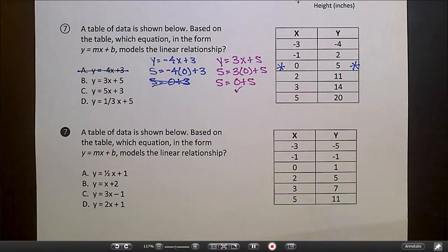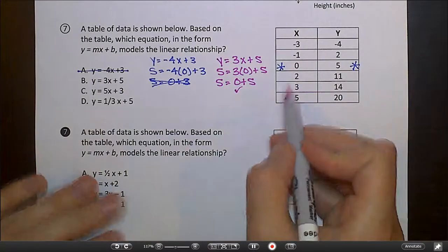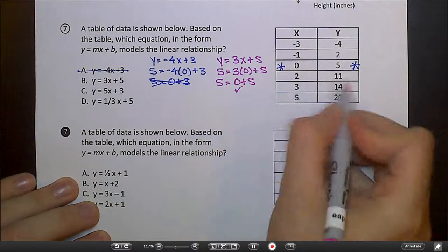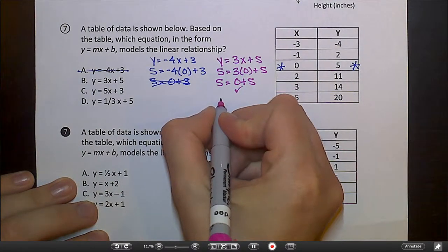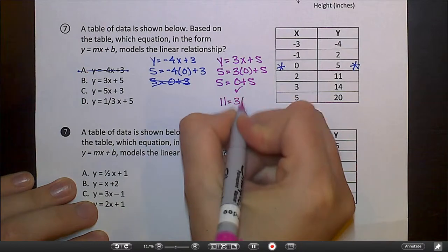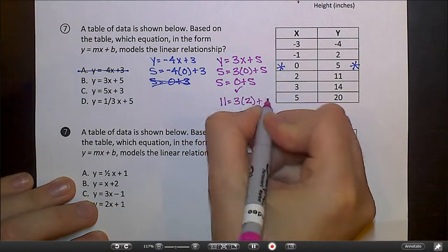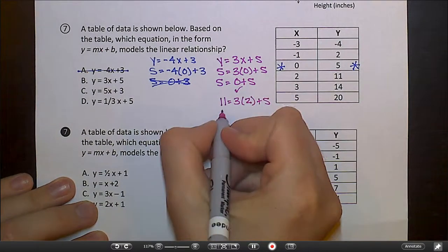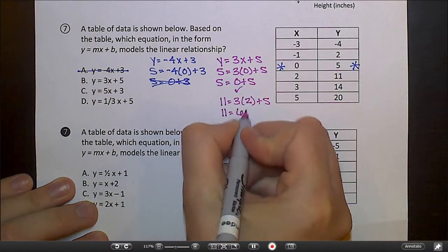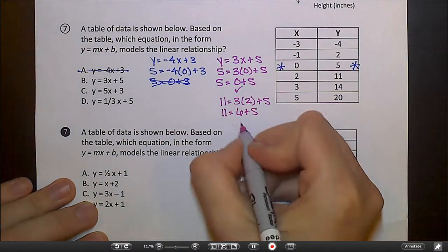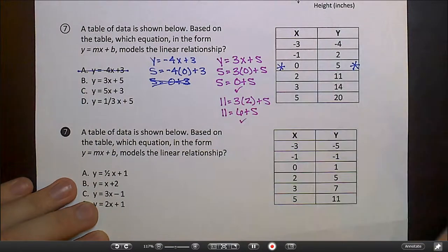So maybe that's right. Let's test another one. Now let's test 2 and 11. So 11 equals 3 times 2 plus 5. That would be 6 plus 5, and that is 11. Looks like this one might work.